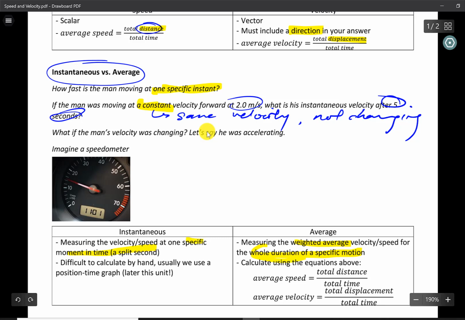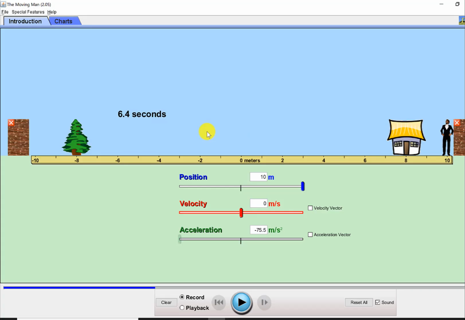It's the whole duration of that specific motion. So let's take this moving man, and let's say the specific motion we're interested in is when he started from negative 10 meters and he crashed all the way at 10 meters on the other end.